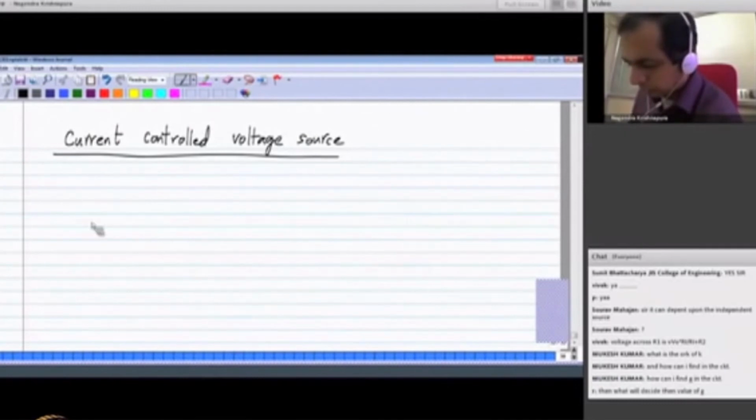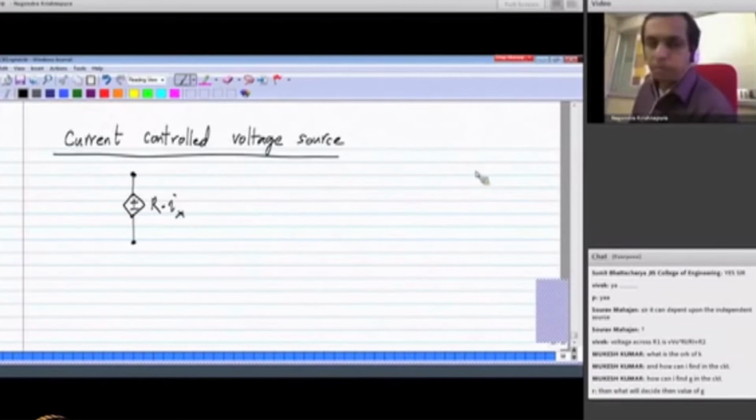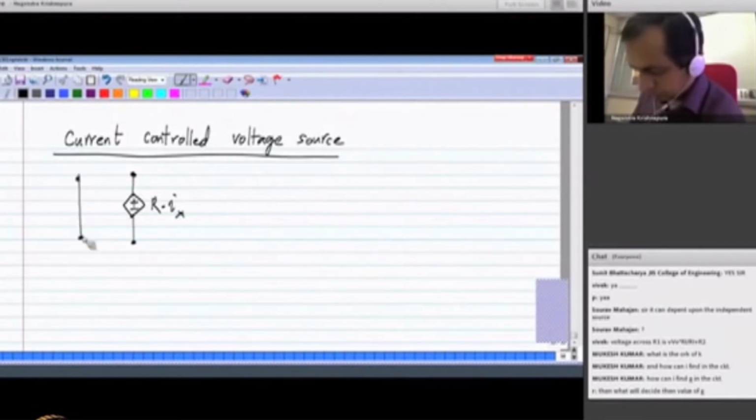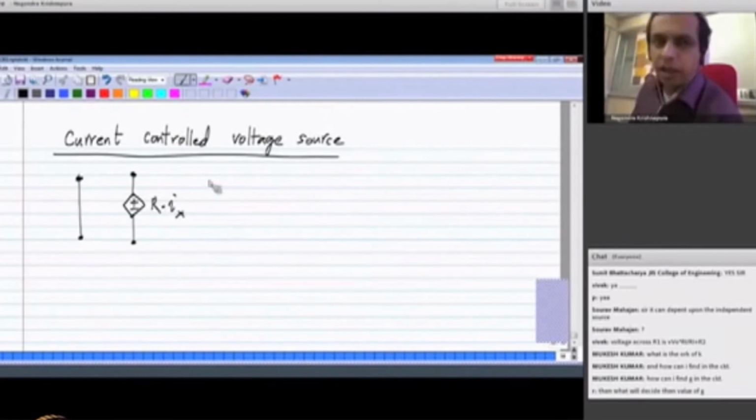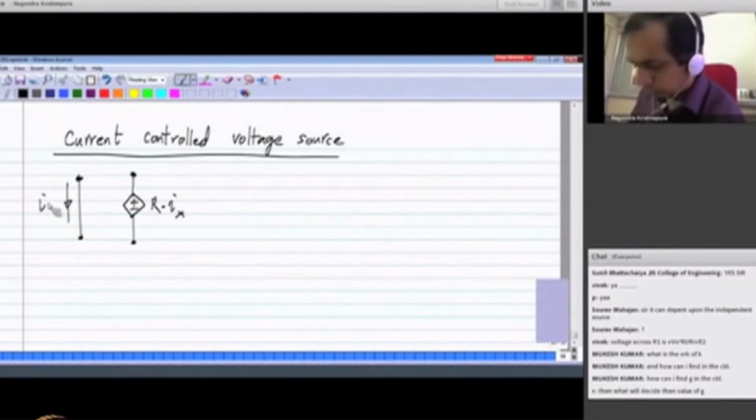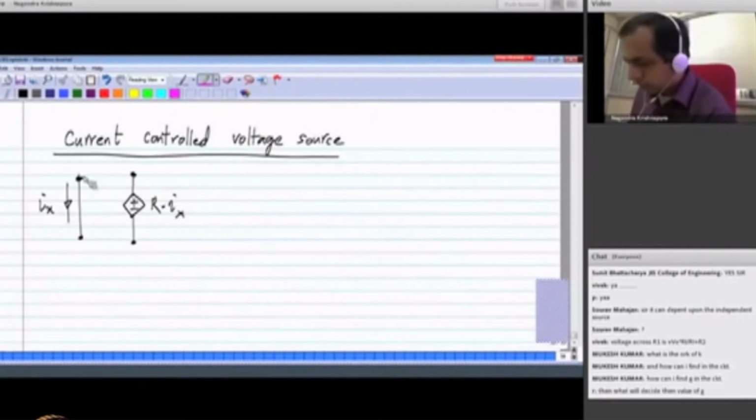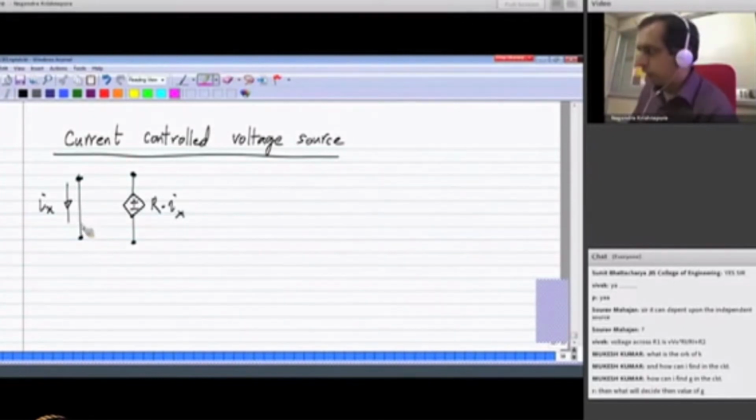What it means is that it is a voltage source whose value depends on some current in the circuit. And what is this current Ix? There is some wire or some branch in which a certain current Ix is flowing, and the value of this voltage source depends on the current Ix.